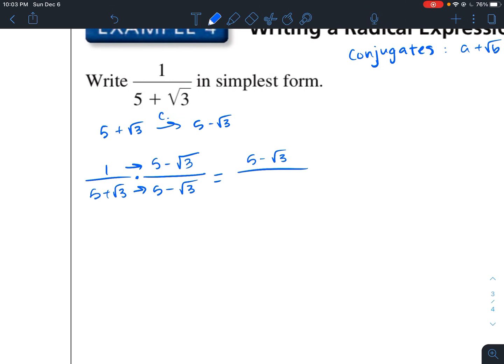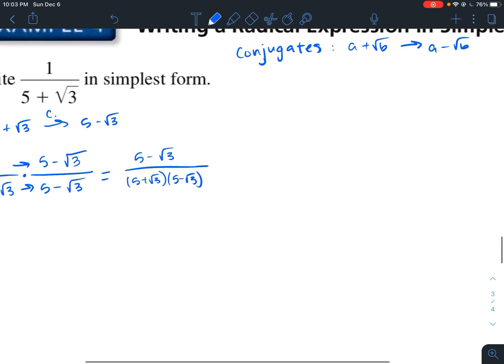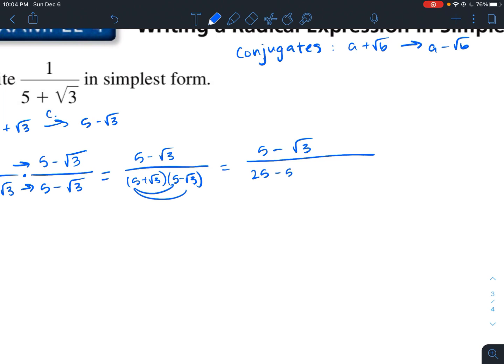Now, when I multiply 5 plus the square root of 3 times 5 minus the square root of 3, I'm going to have to FOIL or use distribution. So I'm going to multiply the 5 and that together. 5 times 5 is 25. And 5 times negative square root of 3 is negative 5 square root of 3.